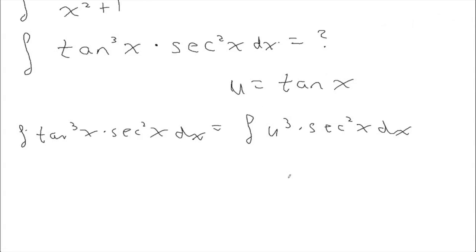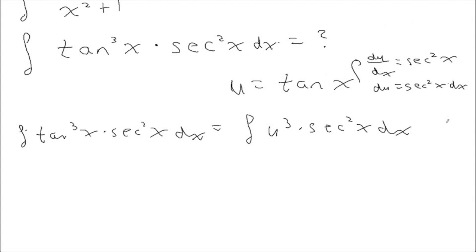Okay, so now we need to solve for du. So we can write du over dx equals, let's see, what is u? The derivative of tangent x is secant squared x. And now we can rewrite that as du equals secant squared x times dx.